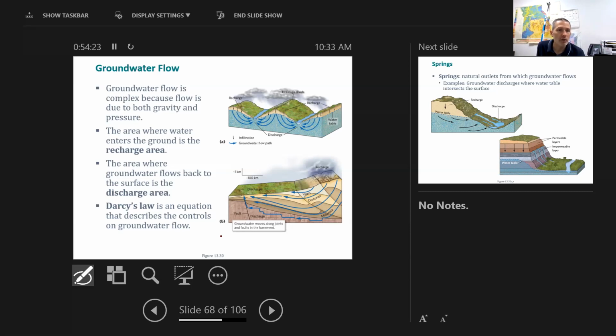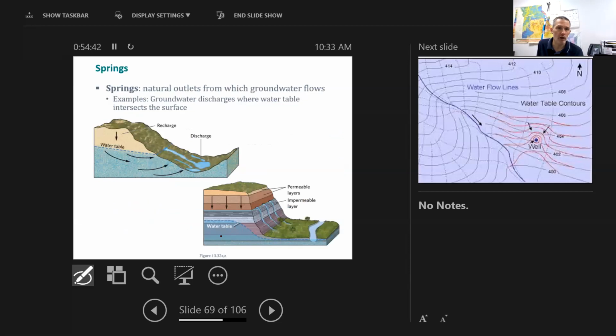When we start looking at water, we want to know what is the recharge area, what area is contributing water flow. Much like in the landscape we have the drainage basin, in the ground we have a recharge area. This is the ground area that has groundwater flow from the surface into the ground.